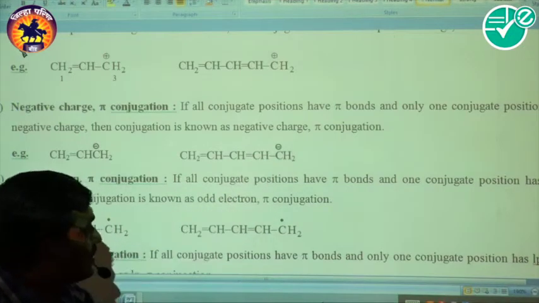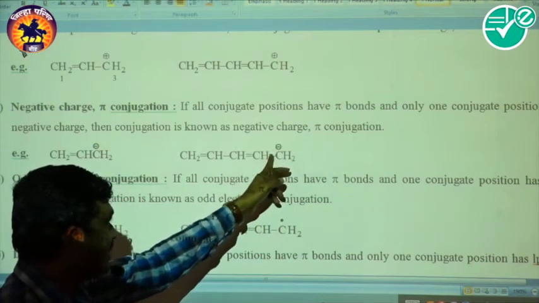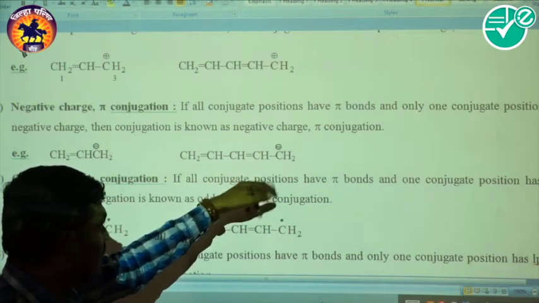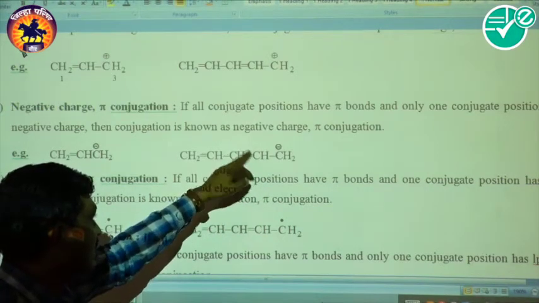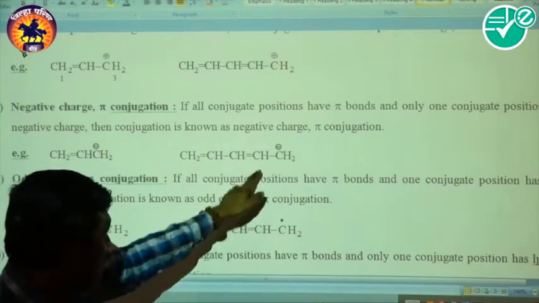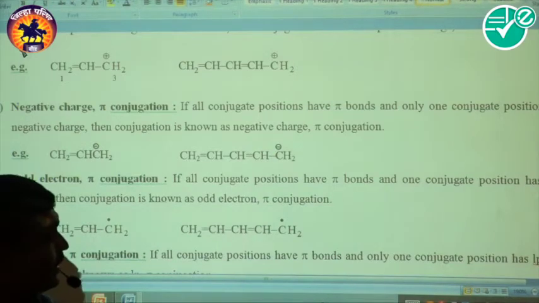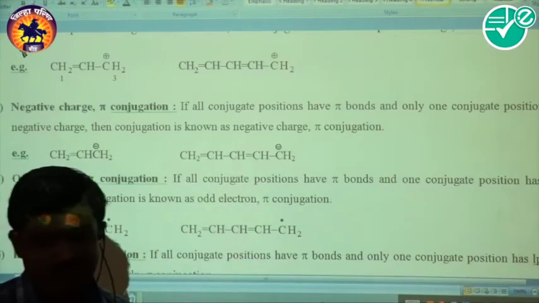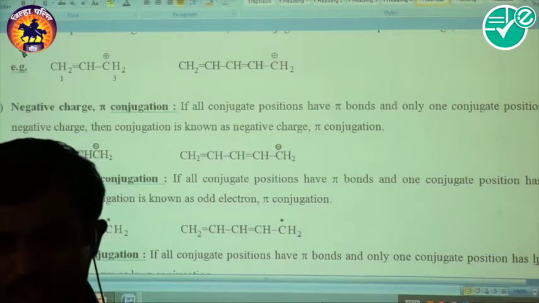Here alternate positions are possible, and because of that delocalization is also possible. The pair of electrons on the negative charge is converted into a pi bond, and this pi bond is shifted and converted into the pair of electrons, the negative charge. In this way delocalization is possible here also.